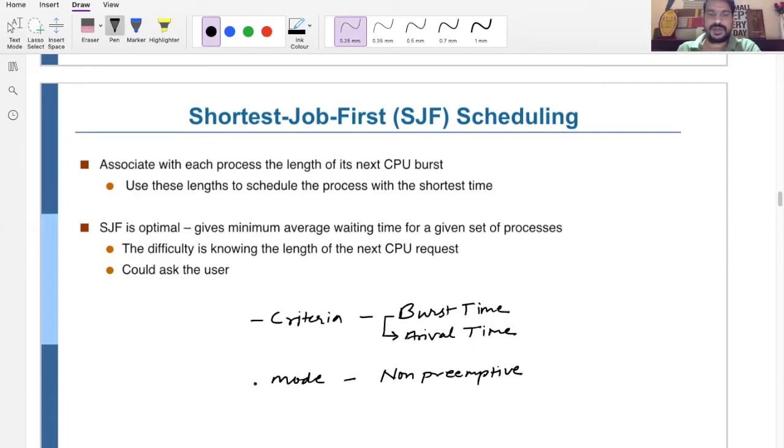Whenever a process has been allotted the CPU, it should execute all its instructions and then go to the termination state. So from new, any process will go to ready state, from here it will go to running state, and from running state it will go to terminated state. These are the transitions of any process in non-preemptive scheduling.